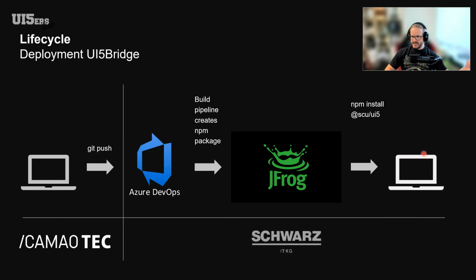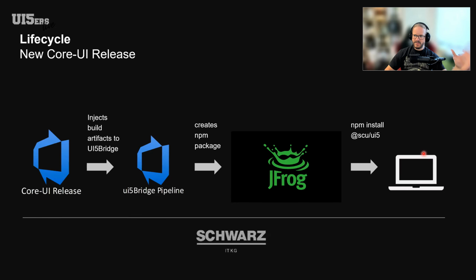And as Marcel already said, we would like to be safe against any changes from the Core UI library itself. So the pipeline or the corresponding process looks quite similar with one exception. There's a release pipeline for Core UI.